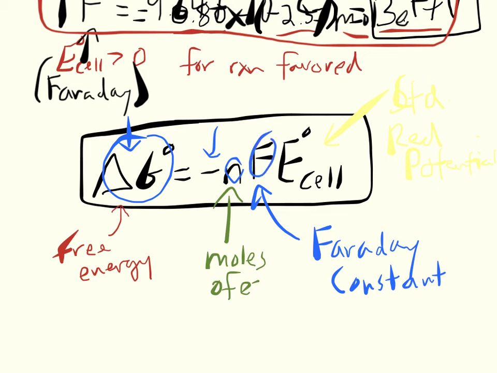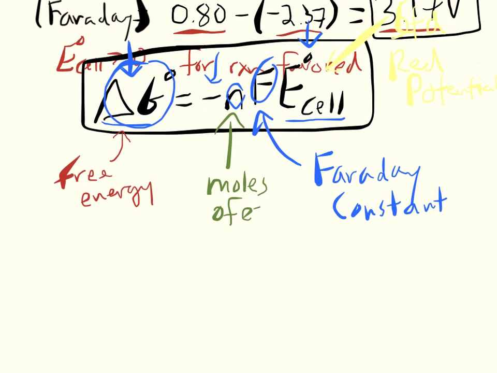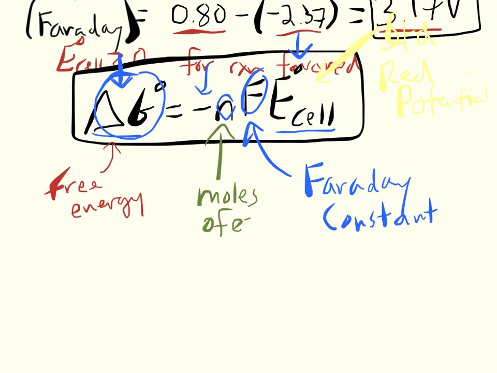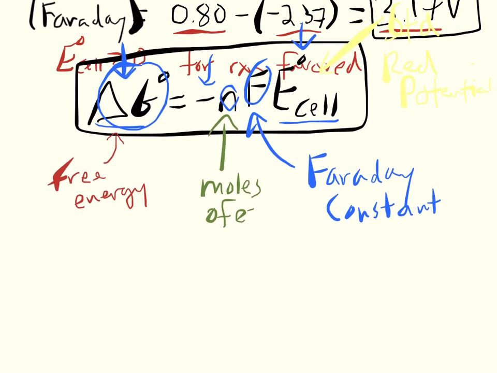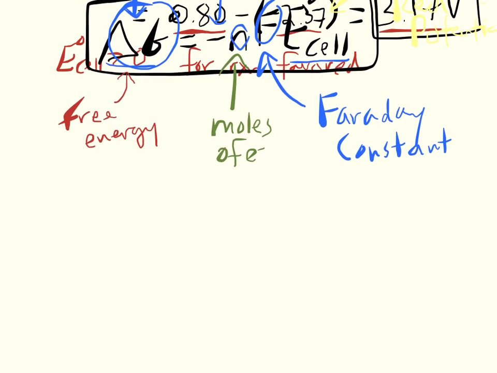So in order for delta G to be negative, E naught has to be positive based on this relationship. So when E naught is greater than 0, and when delta G is less than 0, that means we are favoring the forward reaction.